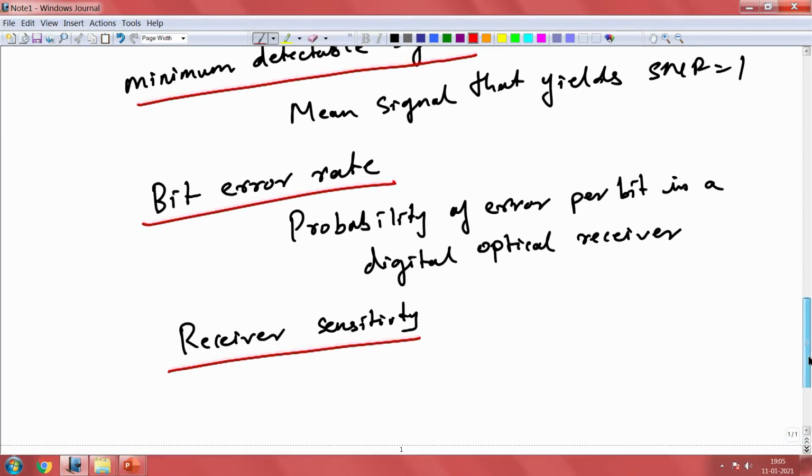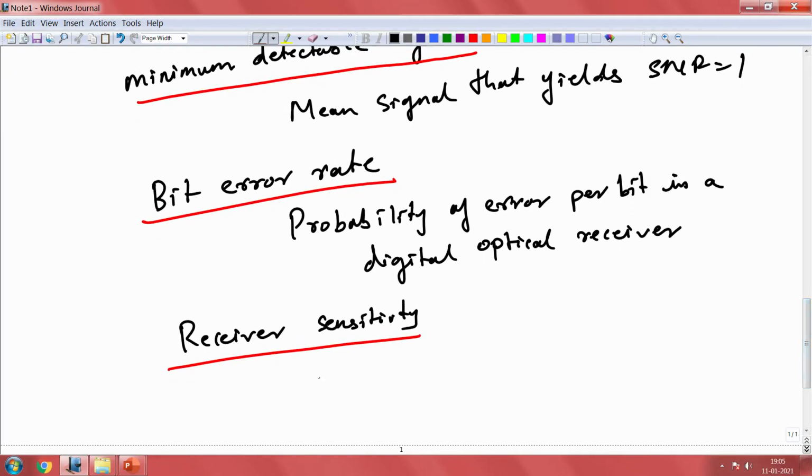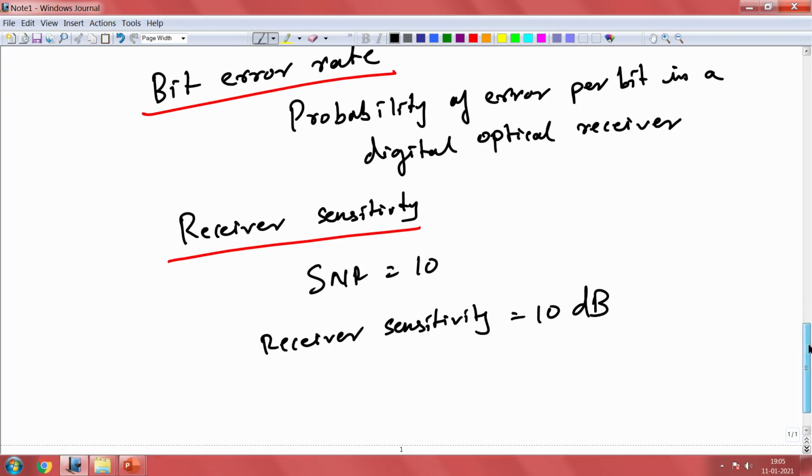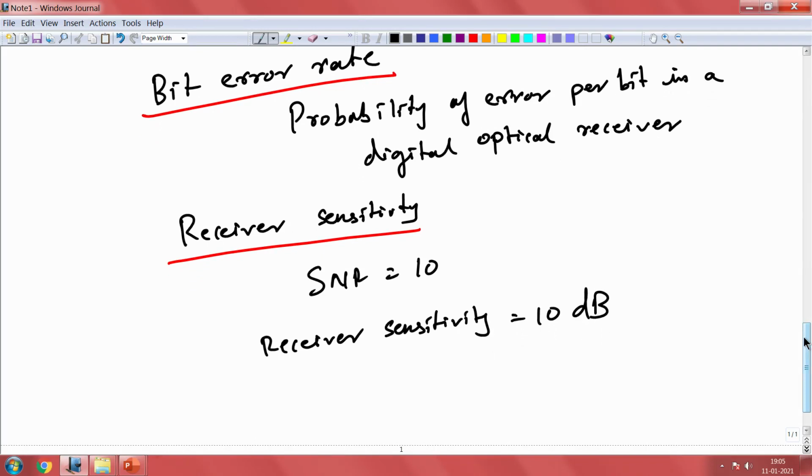For example, if your SNR is 10, then the receiver sensitivity will be 10 dB. So, the receiver sensitivity is nothing but how much minimum power is required, or the detector is sensitive, in order to achieve a given signal to noise ratio, or you have a better signal for that particular input.